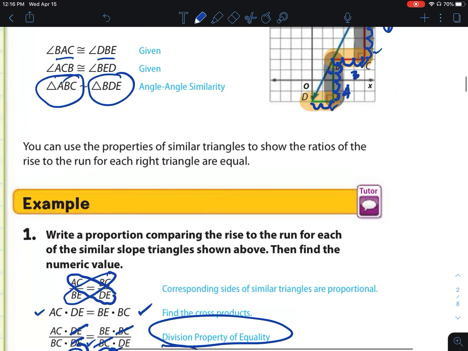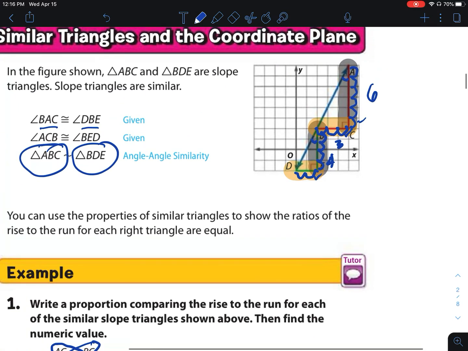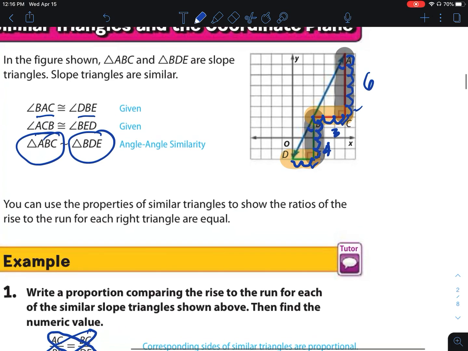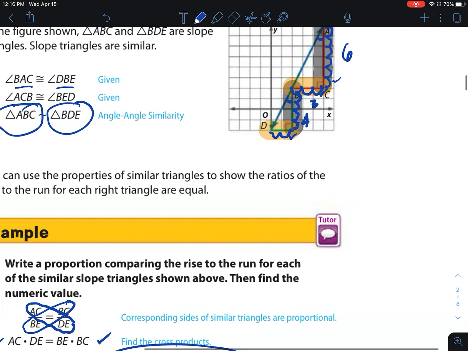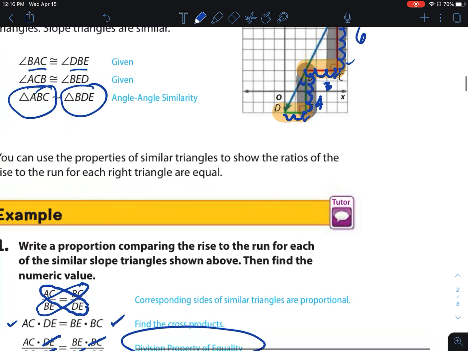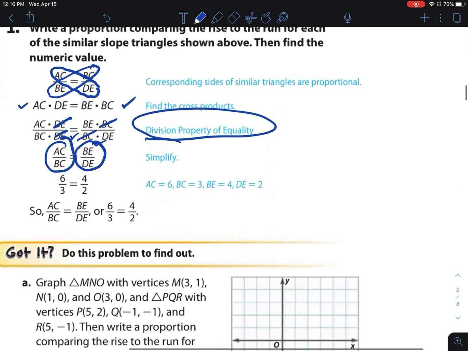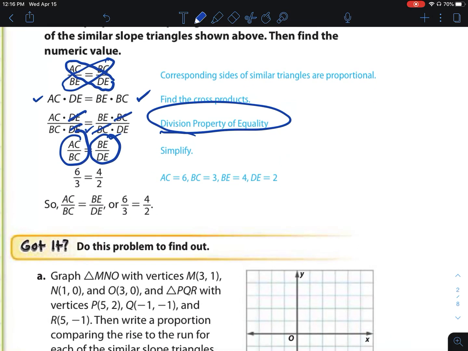1, 2. So if we do our similar corresponding sides proportion, we now have 6 over 3, which is AC over BC, is equal to 4 over 2. And if you notice, those two form a proportion.